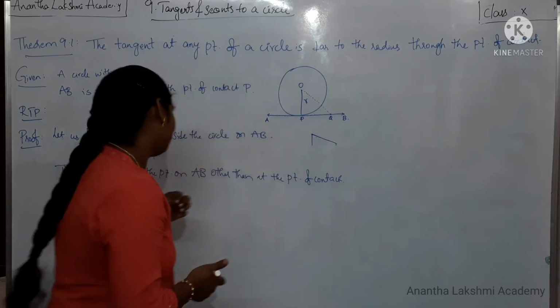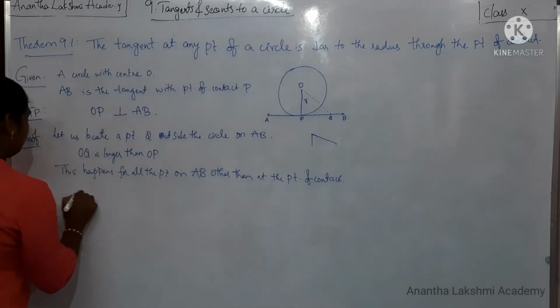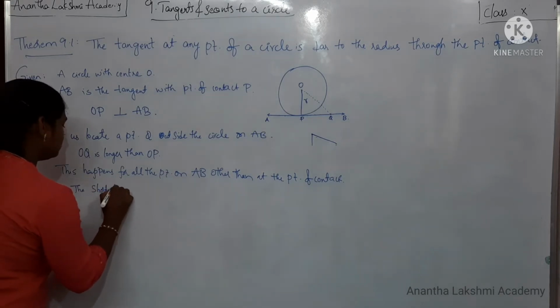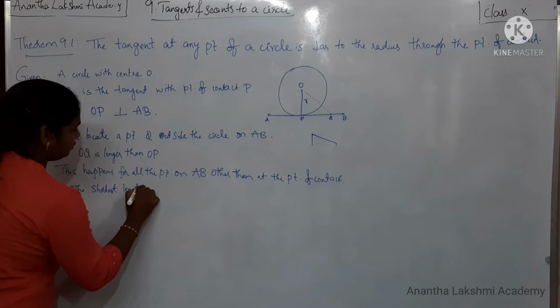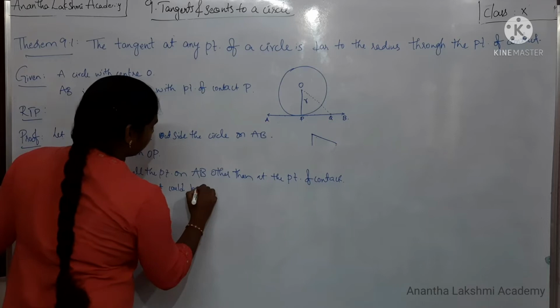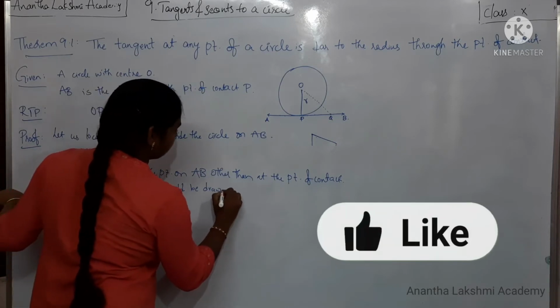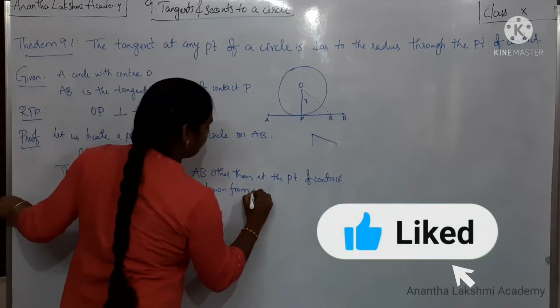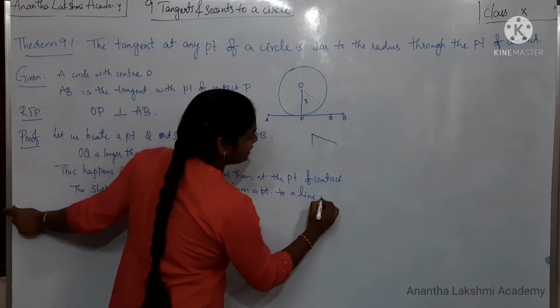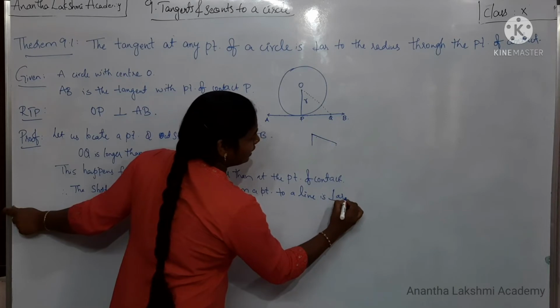Let us write the same. Therefore, the shortest length that could be drawn from a point to a line is perpendicular.